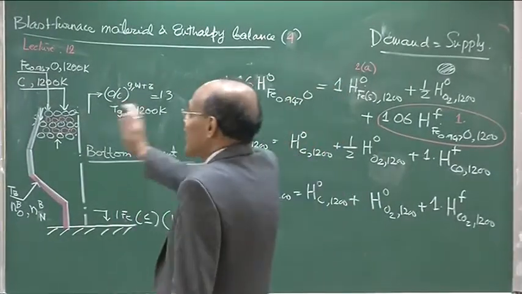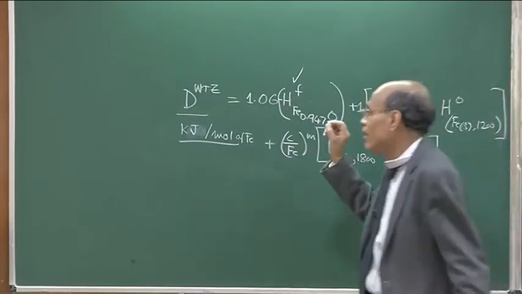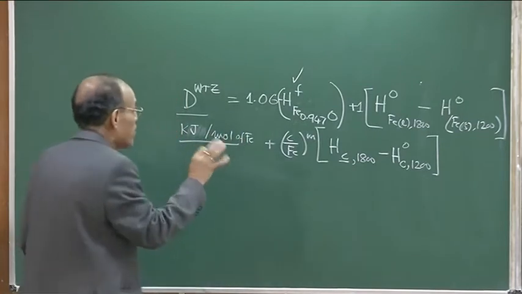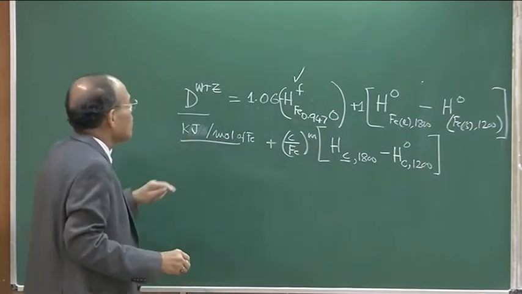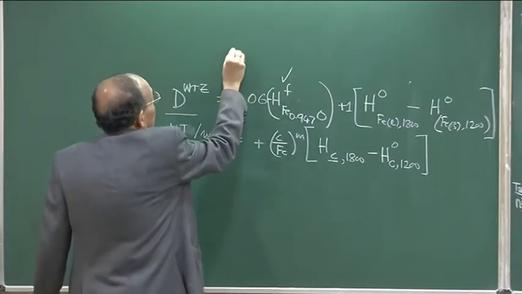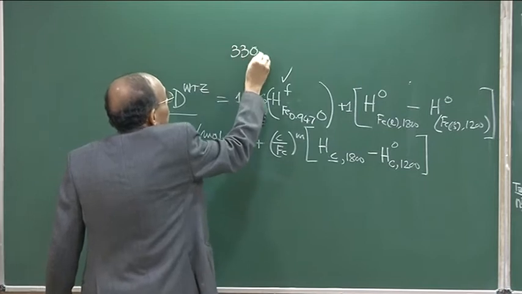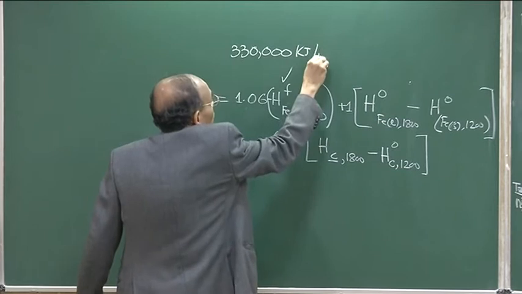We have said enough about this term and will not discuss it any further. It is sufficient for us to know that all these terms are known from the handbook. If I substitute the value for reduction of hematite to wustite, then the dWRZ comes out to be so many kilojoules per mole of Fe, kg mole of Fe.